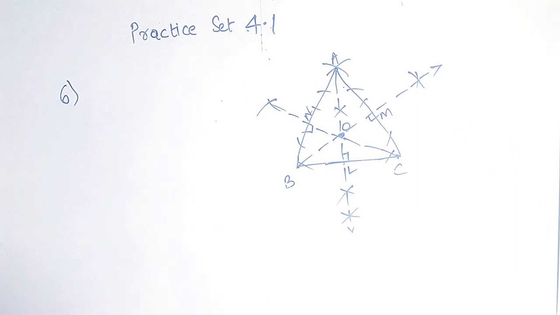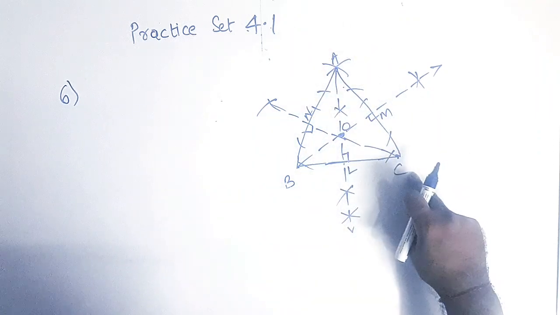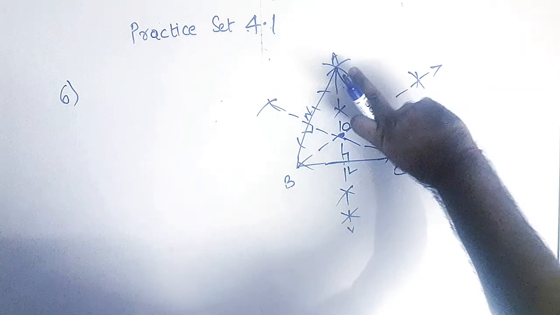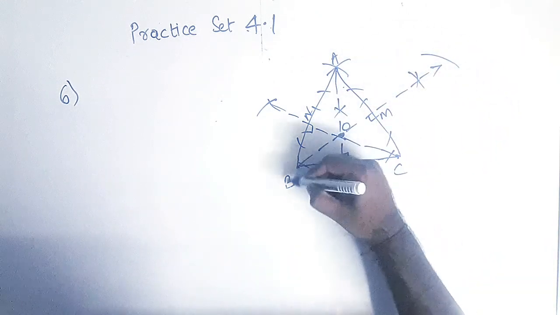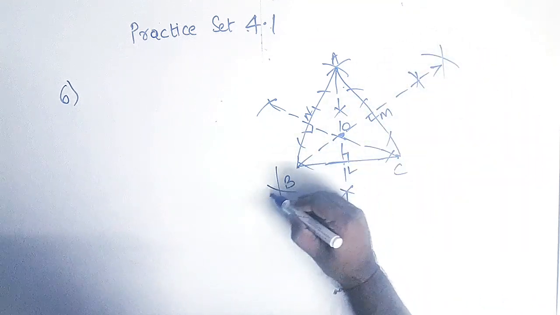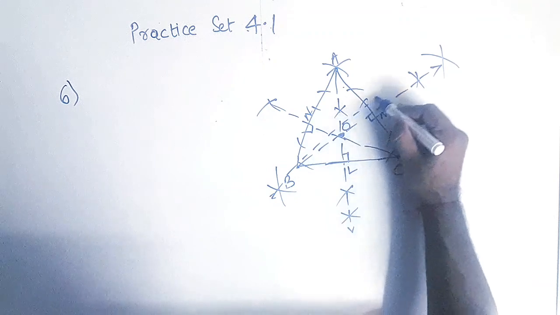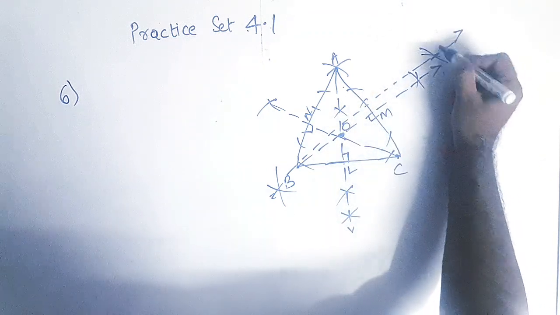Okay, then for finding the midpoint of AC I will take the arcs little bigger, and here and then here and here. So your arcs will be here, little bit shifted here.